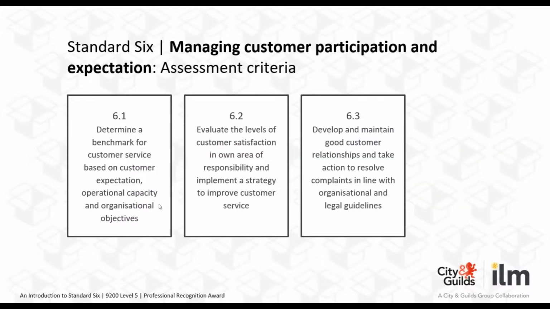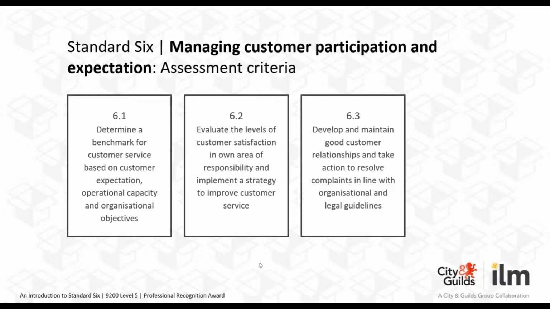So, standard 6. You need to show that you have or could determine a benchmark for customer service based on customer expectations. Of course, that implies you know what the customer's expectations are. Based on operational capacity, you obviously, when you determine a benchmark, have to be sure that you can meet it and that your organisation has the operational capacity to do it, and that's in line with organisational objectives.